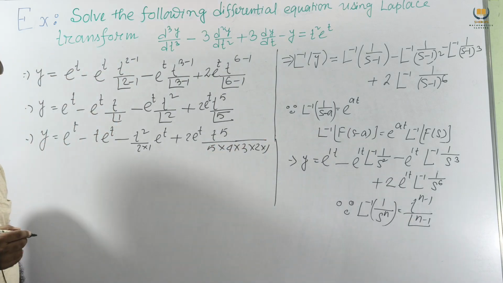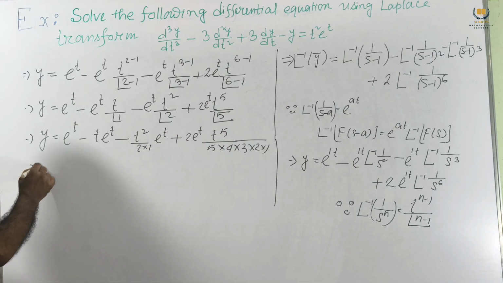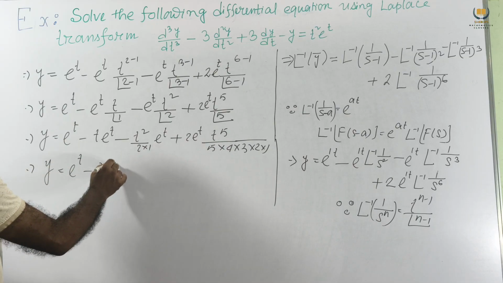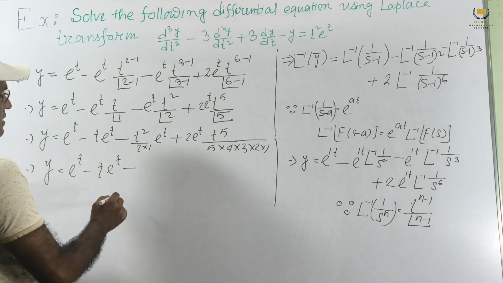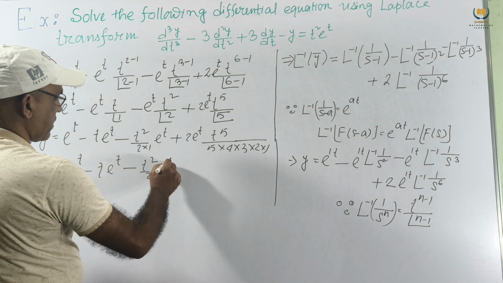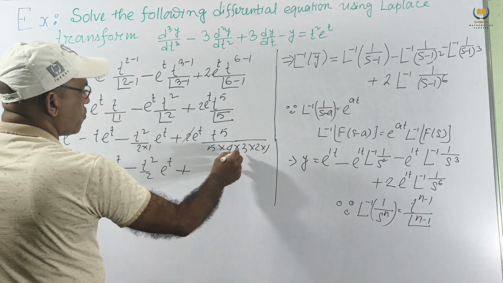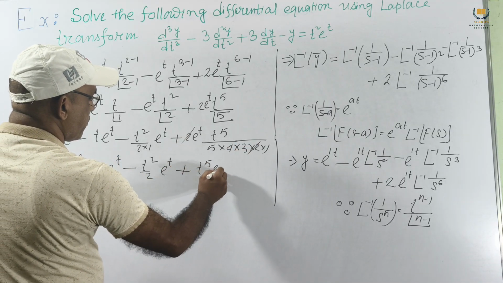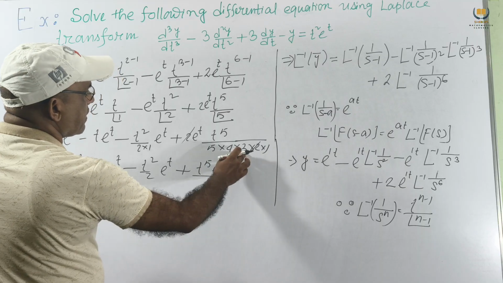Factorial 5 means this. So y equals e to the power t, t e to the power t, t square by 2 e to the power t. This 2 cancels, t to the power 5 e to the power t, and this is 60.